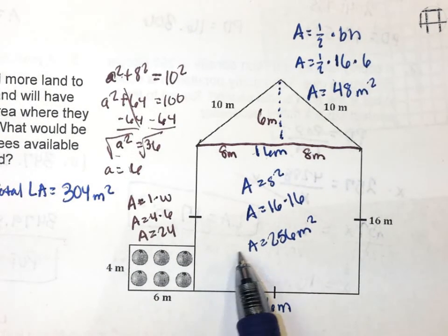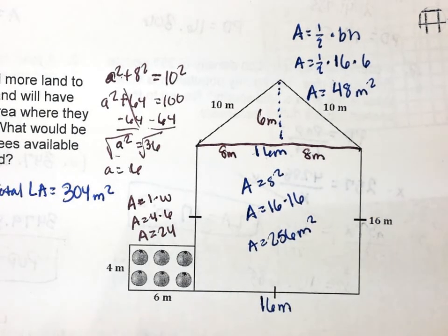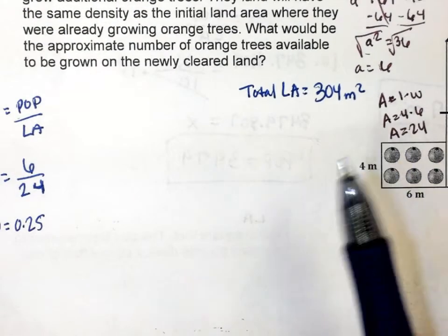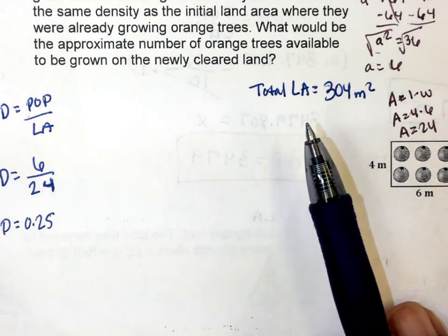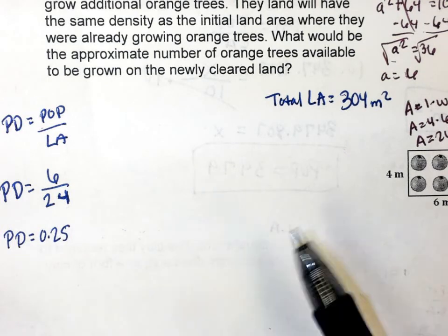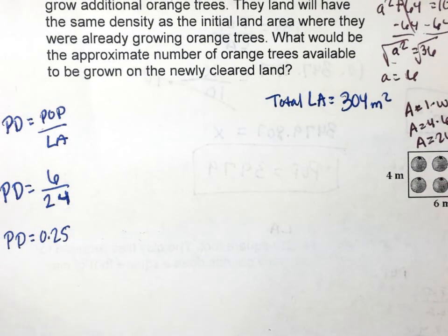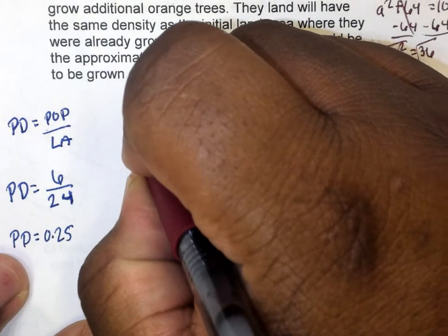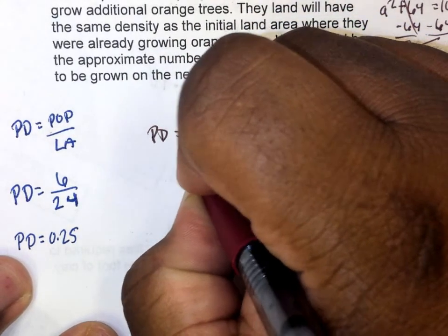I added 256, my square, and 48, my triangle. So I got my total land area of my new land is 304. My population density that I want over there is 0.25 because I want to have the same population density that I had in my small land area. So if that's the case, I'm looking for population. So you need to set it up as PD, population over LA.